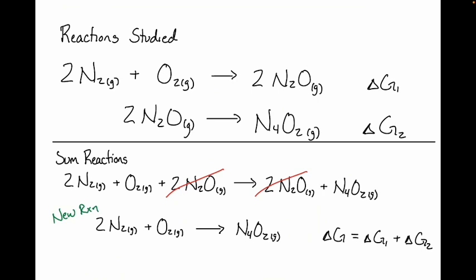It doesn't matter if I do this reaction in one shot or in these two steps, my delta G is always going to be the same. So our delta G's are simply additive here, since all I had to do was sum these two reactions in order to get my new reaction.